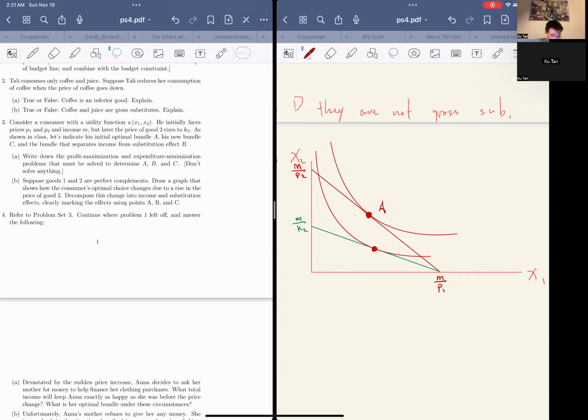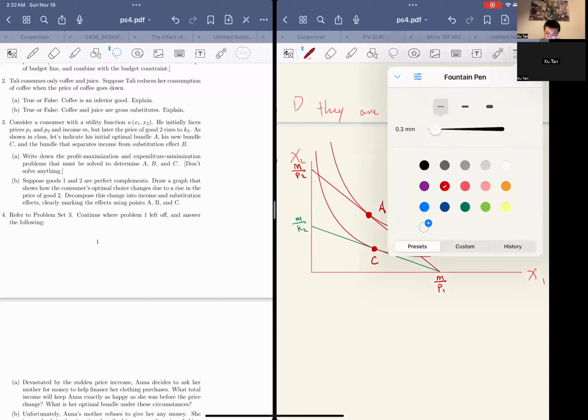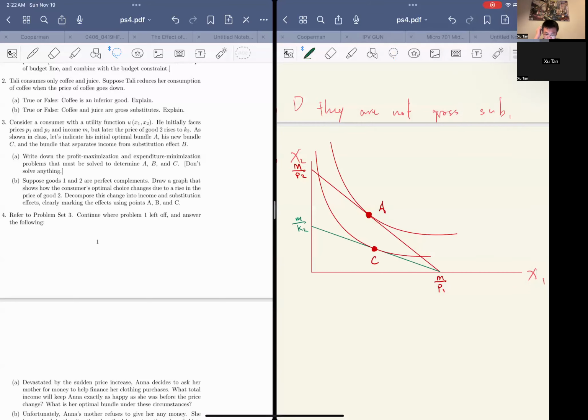Look at the point: his new bundle is C. So this is bundle C, and the income and substitution effects go through B. What we know about substitution effects is that they hold utility constant.